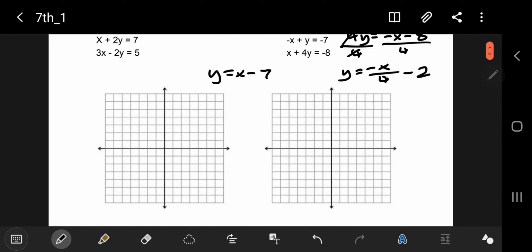So now let's graph both of these. First we have y is equal to x minus 7. Let's say x was 0. That means y is equal to negative 7. So let's count. 1, 2, 3, 4, 5, 6, 7. Okay, it's way at the bottom.